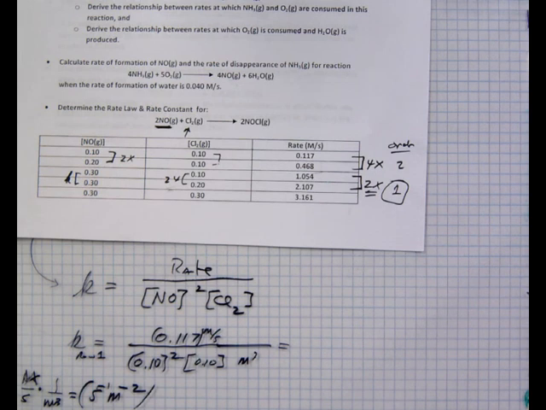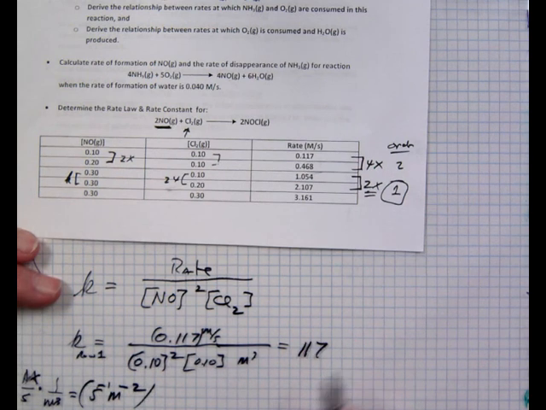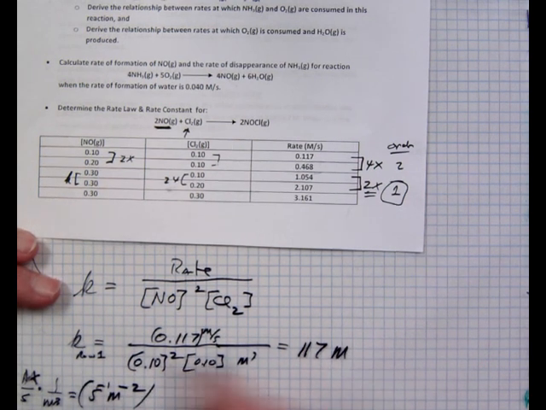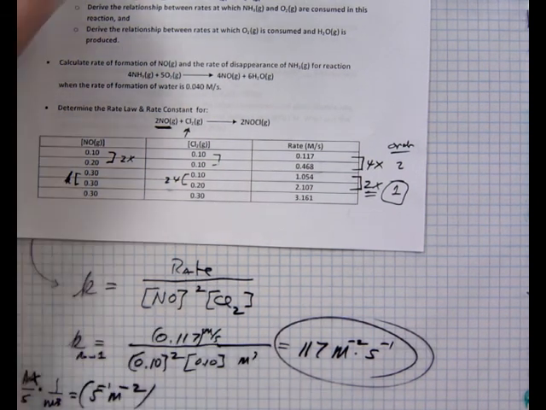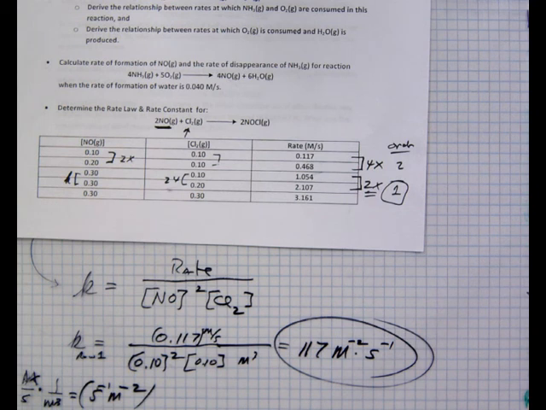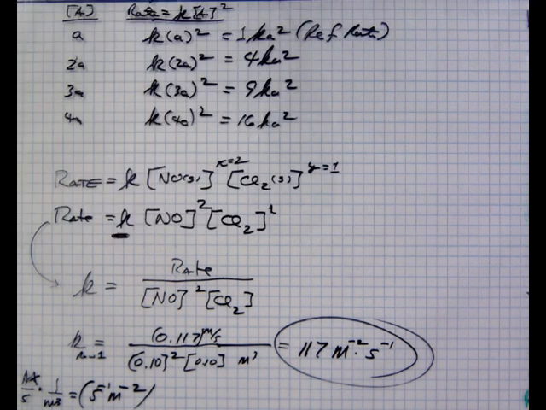0.117 divided by 0.1 divided by 0.1, and that's equal to, I get 117. I like to put molar first, just personal. You don't have to, but there's your K value. Now, as a proportionality factor, weird units are legal because they're dependent on the equation that is given.